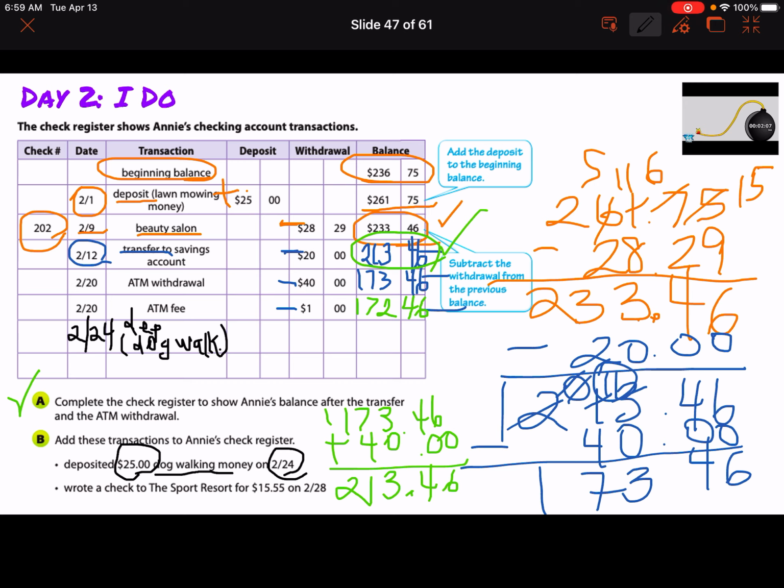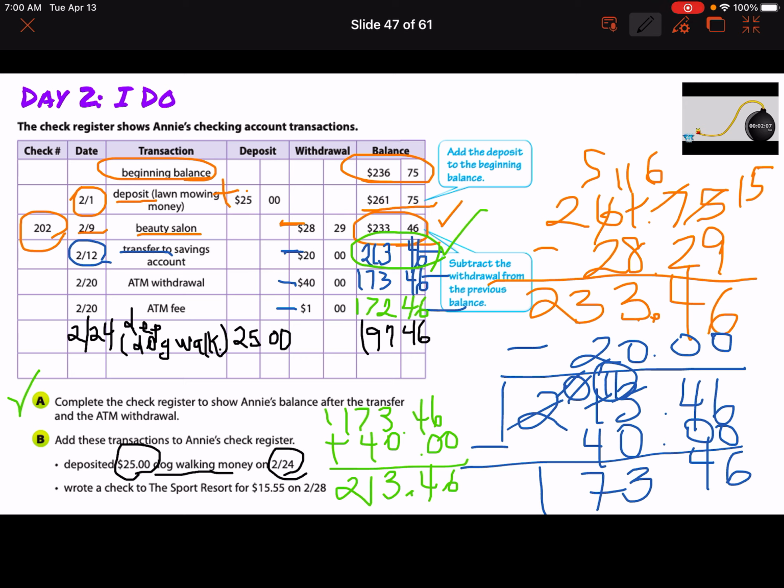Positive, so it's 25 and then 00. And when we add $25 to $172.46, we get $197.46.